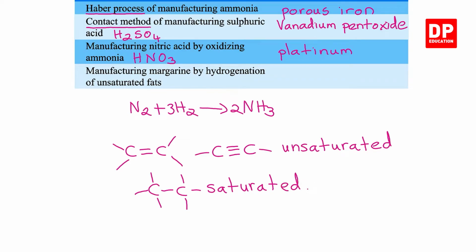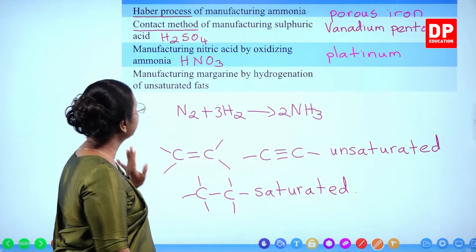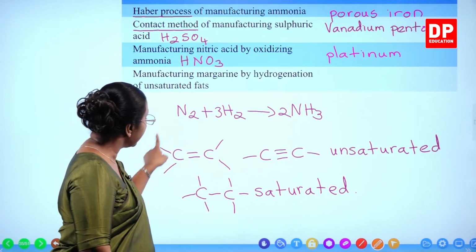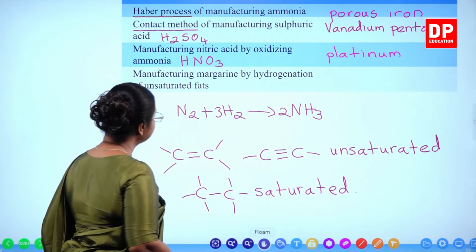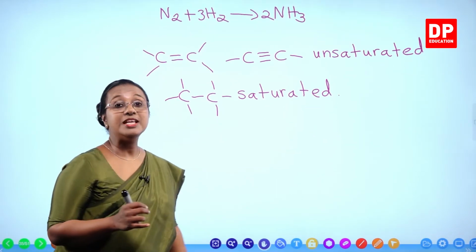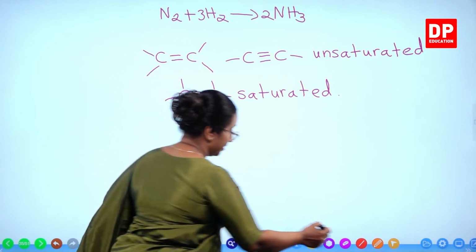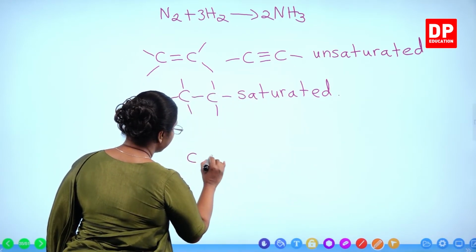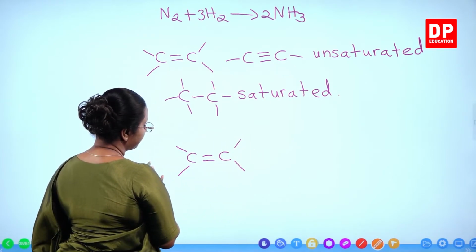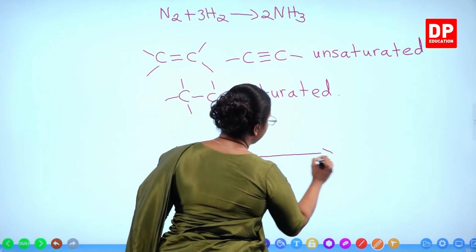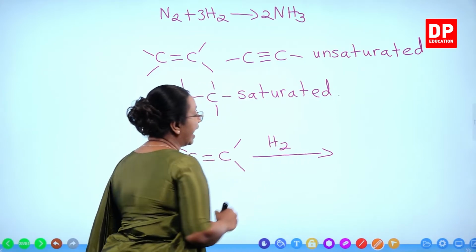I'm sure you all can recall that also. So, unsaturated compounds can undergo hydrogenation. This is also something we discussed before, students, when we discussed the uses of hydrogen. Now, you have an unsaturated compound like this, with carbon. To this one, you can add hydrogen.